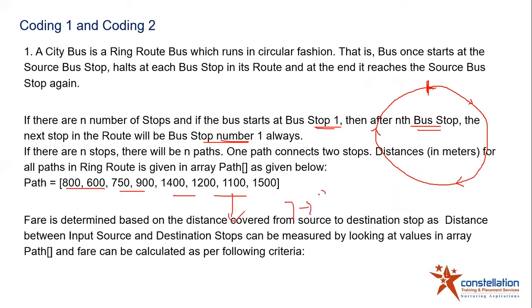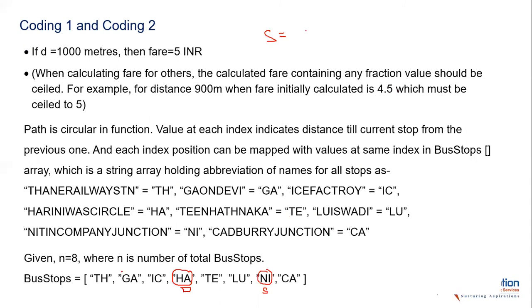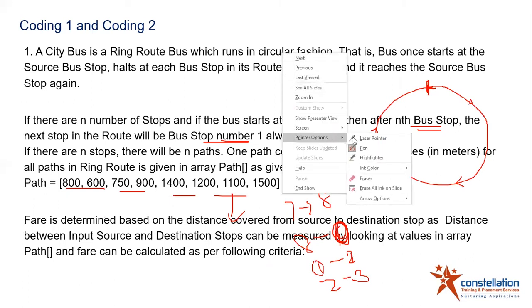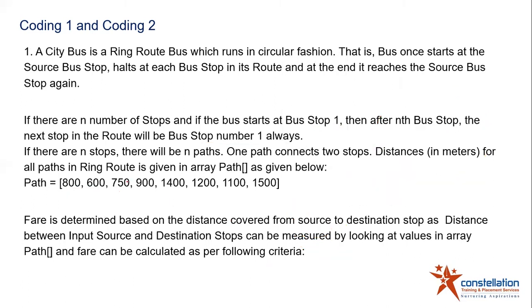So basically from 7 to 8 we have to add, then we have to add from 8 to 1, then 1 to 2, then 2 to 3. This is what we have to do, right? Sorry, 0 will be there because it is index 0, right? 0, and then 0 to 1. Okay, let me delete it once again and do it once again for you.